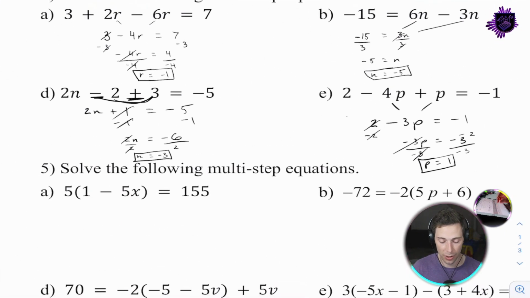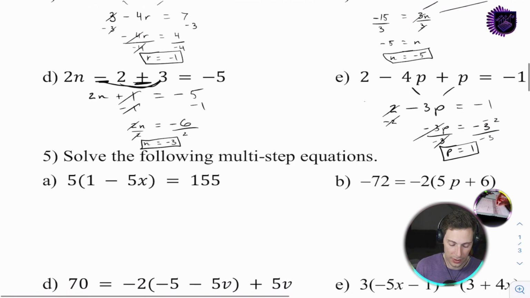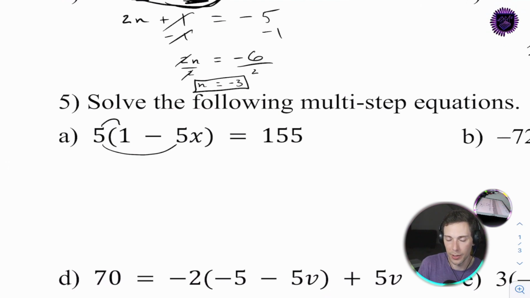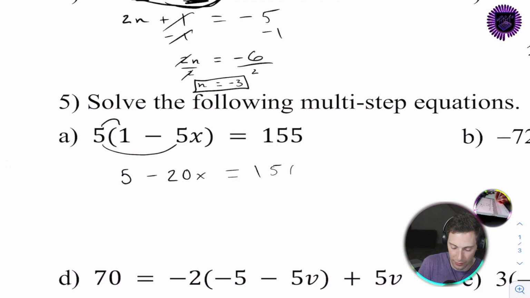Distribution, not differentiation. Distribution. We have the distributive property here. We multiply everything inside the brackets by the number outside the brackets. This one is going to be 5 minus 20x is equal to 155. That is awful. Now we can add 5 to both sides.